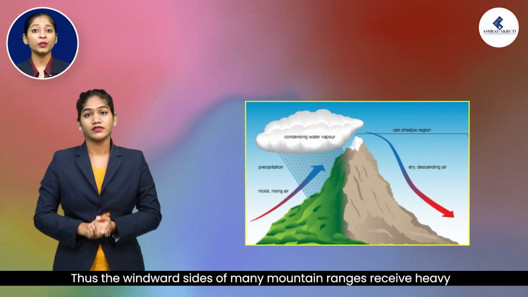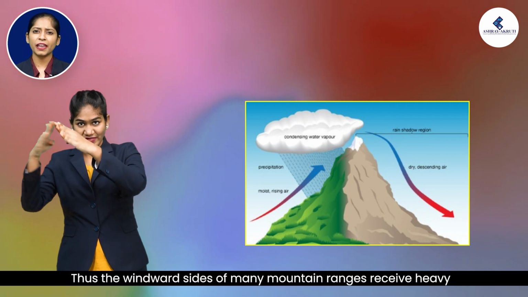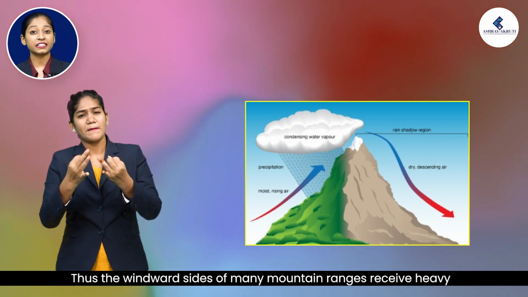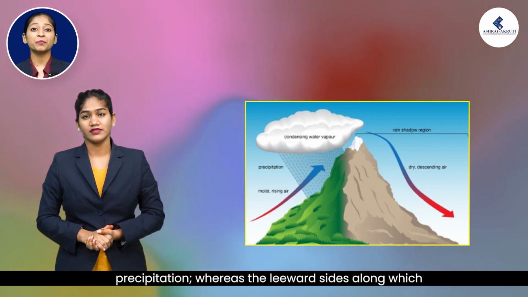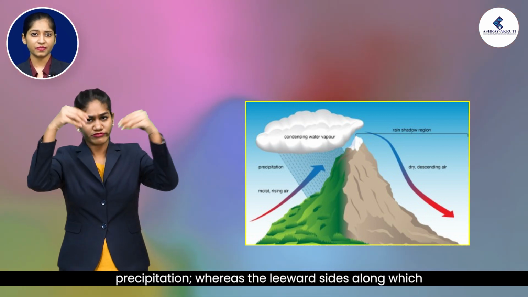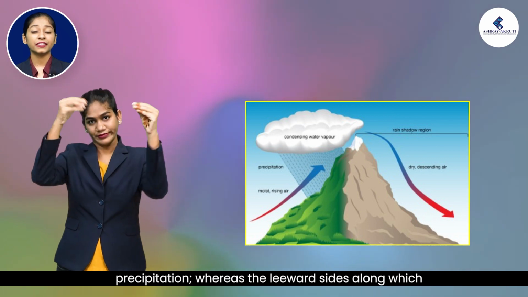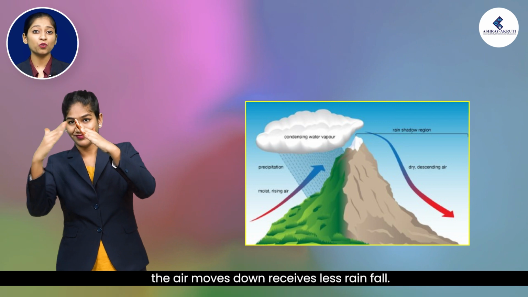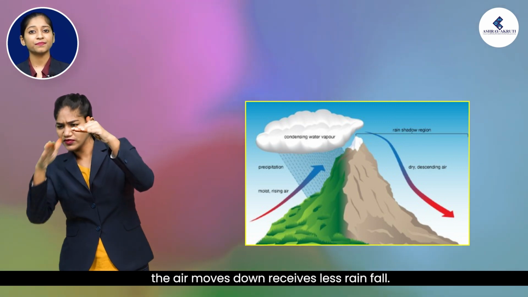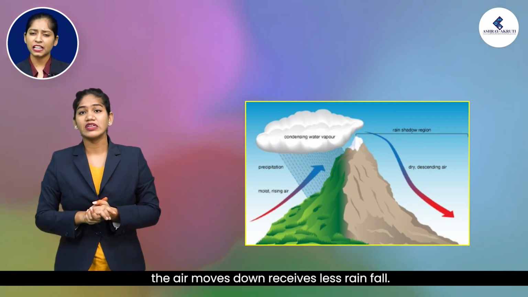Thus, the windward sides of many mountain ranges receive heavy precipitation, whereas the leeward sides along which the air moves down receive less rainfall.